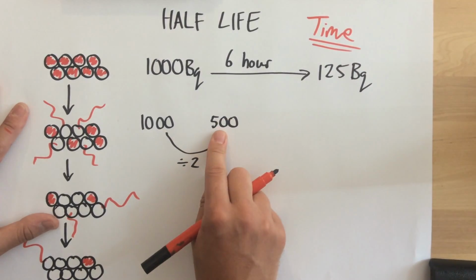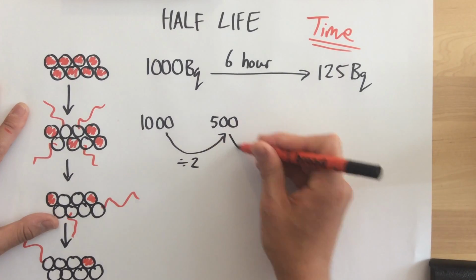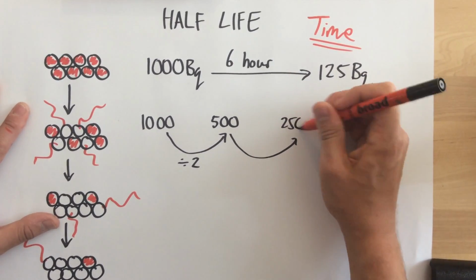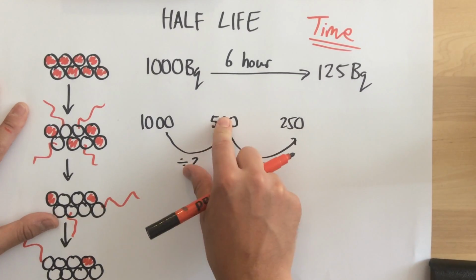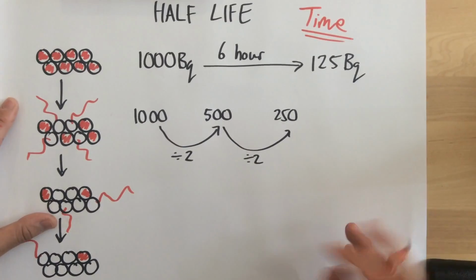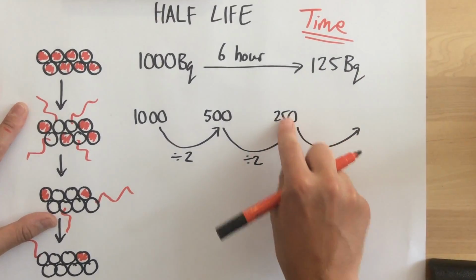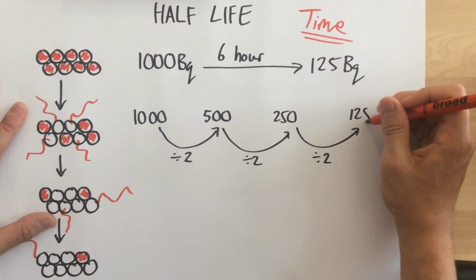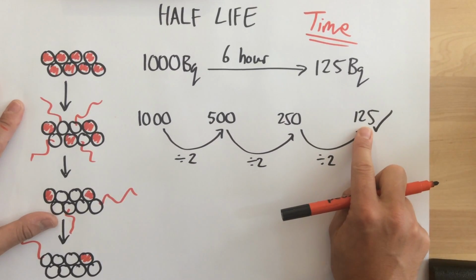So we imagine half of these nuclei decaying. This time we have a reading of 250. Again, all that we've done is divide by 2 to get half the number of radioactive nuclei. Again, we're not at our desired value, so we do it again. Half of these radioactive nuclei decaying has given us our correct reading.